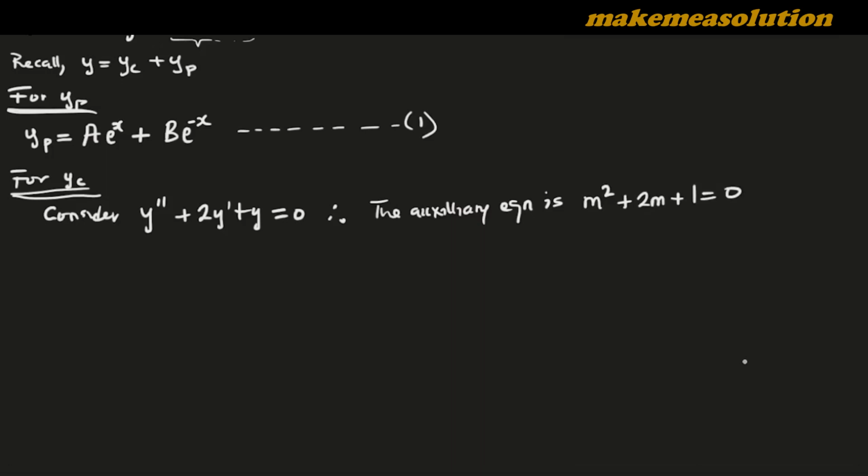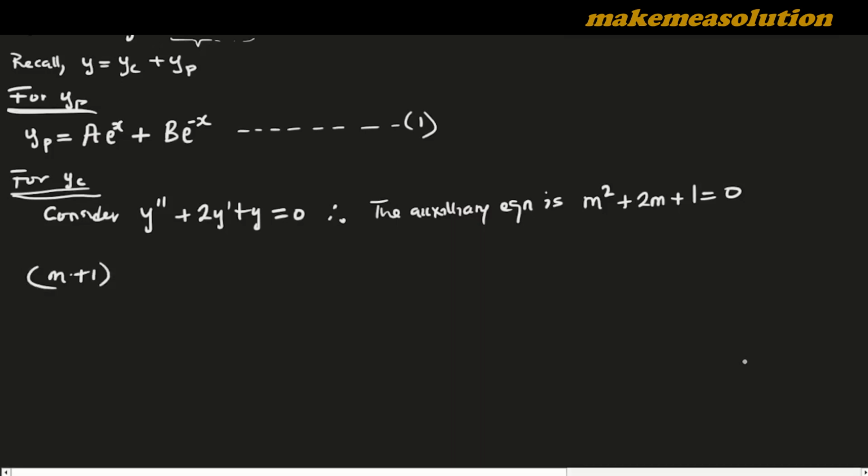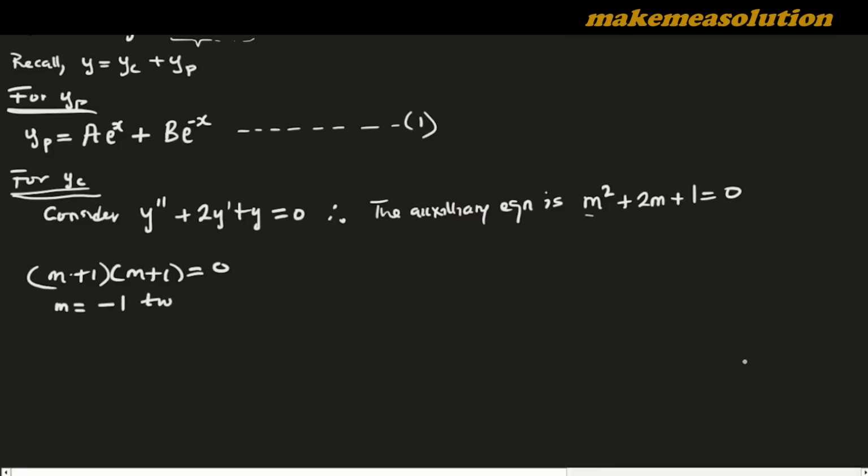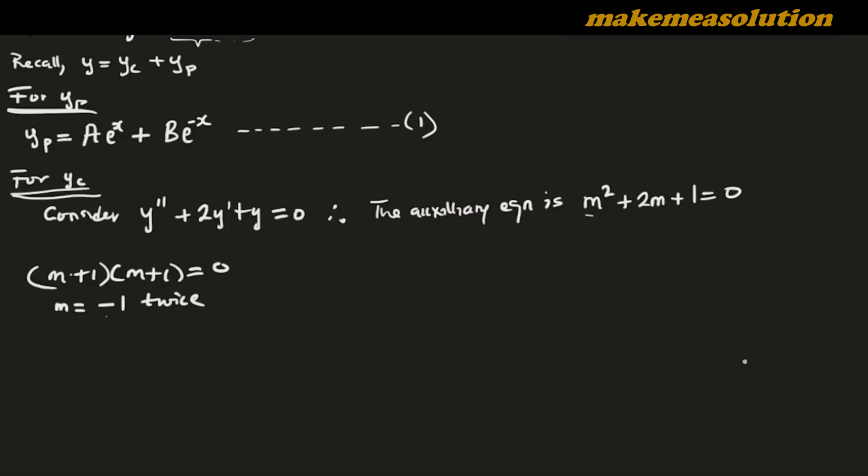If you solve for m using the quadratic formula or factorization, you get m plus 1 squared equal to 0. When you factorize this, m is equal to minus 1 twice. So this is a case of real and repeated roots.